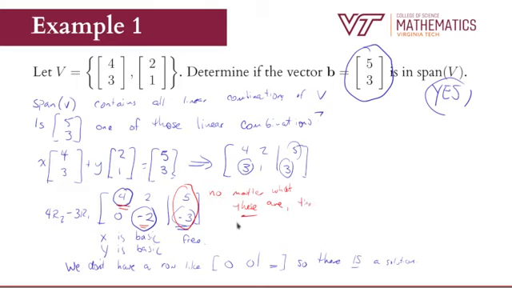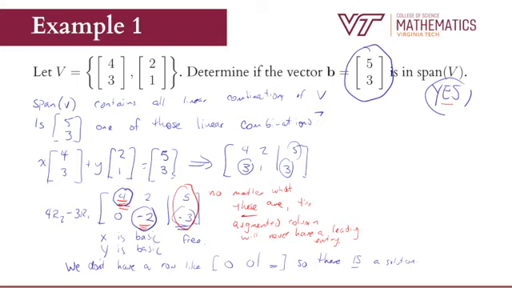The augmented column will never have a leading entry. And as a result, this answer turns out to be yes. In this problem, it turns out to be yes no matter what vector goes here, because these two entries line up in a way that blocks the third column from ever possibly having a leading entry.